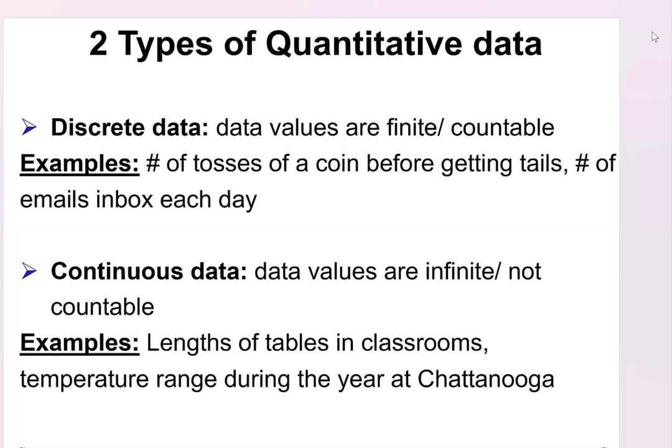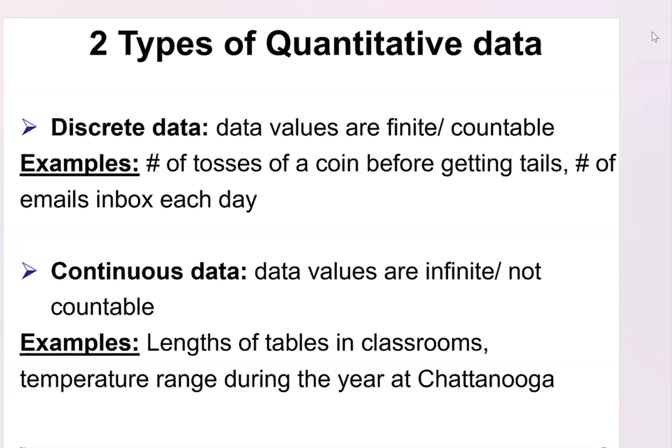And then continuous data, in this case, is quantitative data, but with values that are infinite, not countable. For example, the length of tables in classrooms, right? You can have a table with maybe 3 feet long, or 3.1, or 3.2, something like that. A temperature range during the year in Chattanooga, right?